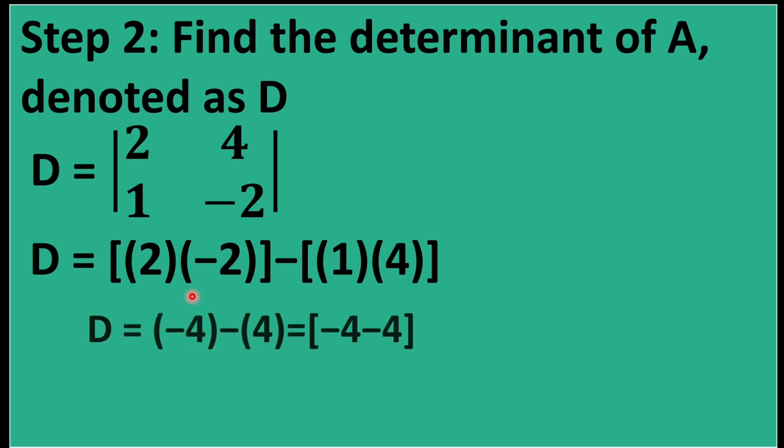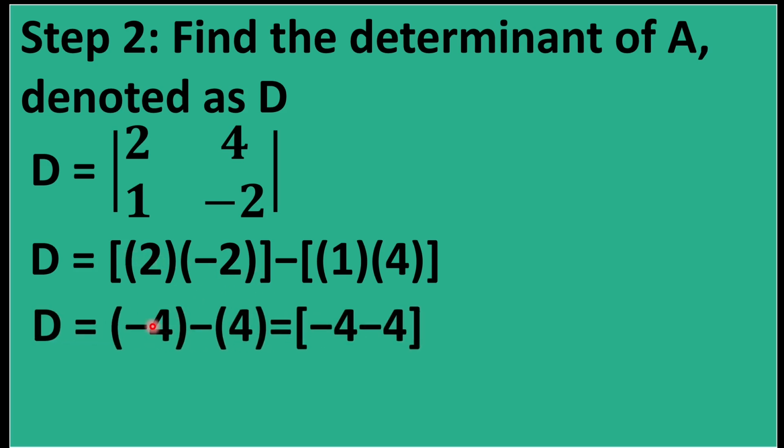So 2 multiplied by minus 2 is minus 4, and 1 times 4 is 4. So minus 4 minus 4 equals minus 8. This is our determinant.